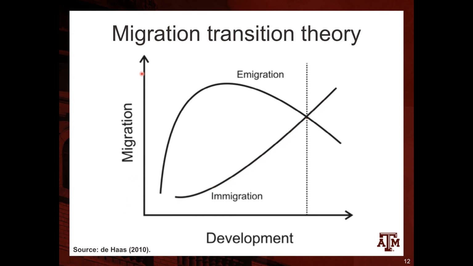Here we're talking about migration rates, and the number of immigrants will be higher as specific countries increase their level of economic or socio-economic development in general. And countries with low levels of development usually have low levels of emigration, because these countries are so poor that people don't have the means to move to other countries. So these people will tend to stay in their countries of origin, although those countries have low levels of development.